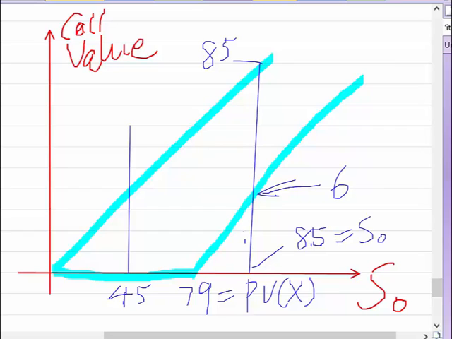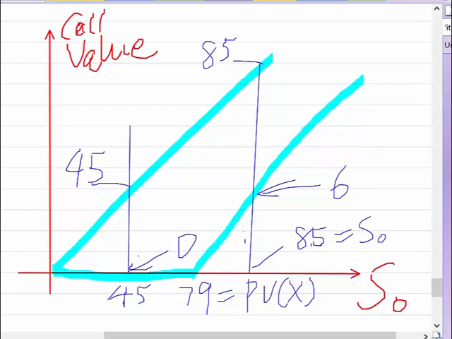So if the underlying is 45, we can see that the lower bound itself is just 0 because obviously the call is way out of the money. And the upper bound is still $45. So for two different underlying price levels, you actually have different upper bound and lower bound for the same call.